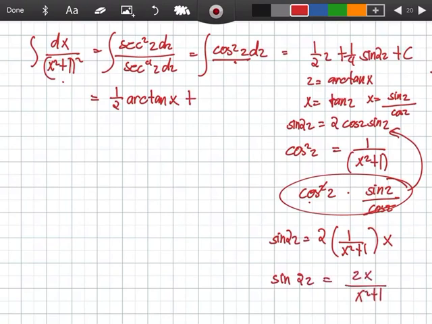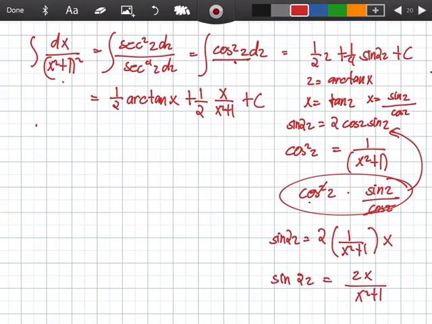Since it is 1/4 of 2x, that is 1/2 x over x squared plus 1 plus c. Okay na yun, 'di ba?